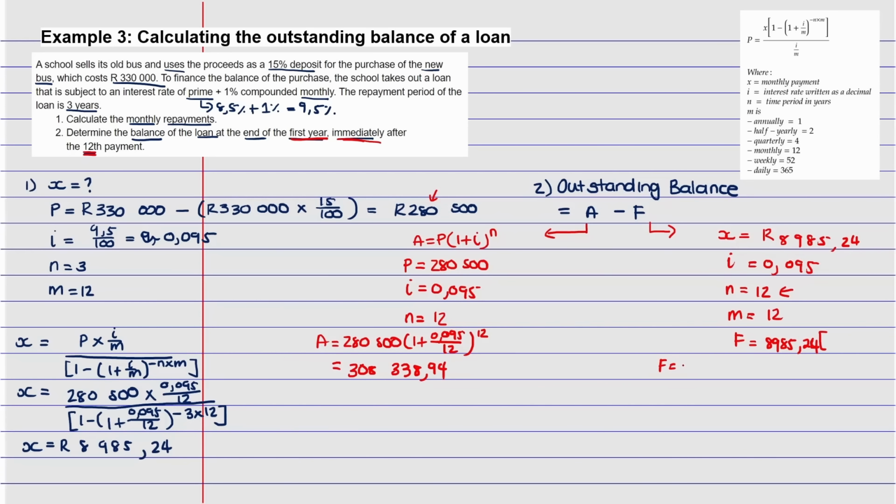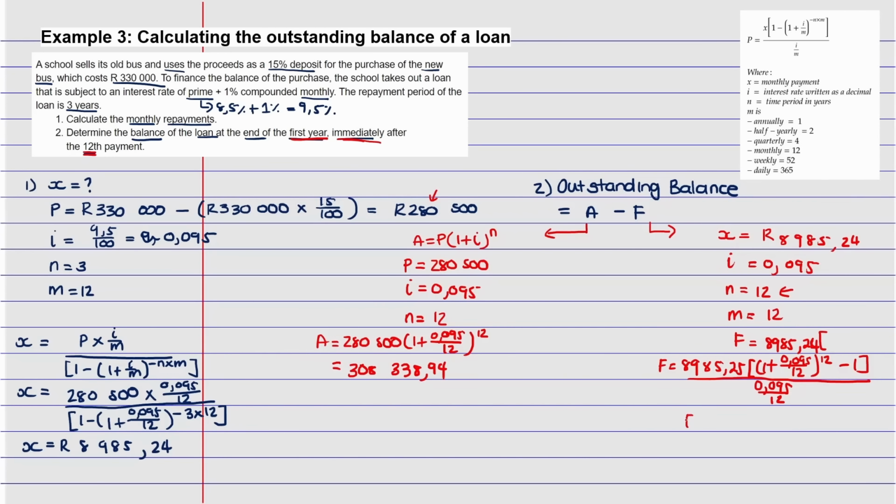F is equal to 8,985.25 times open bracket, and remember the formula: 1 plus 0.095 divided by 12, to the power 12, minus 1, and this whole thing is divided by 0.095 divided by 12.